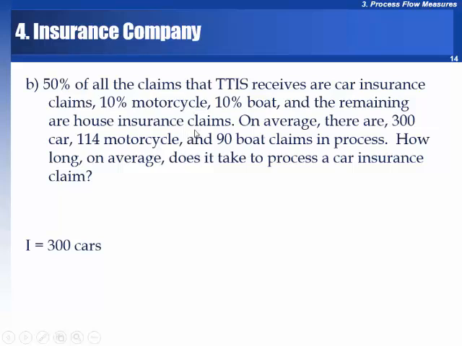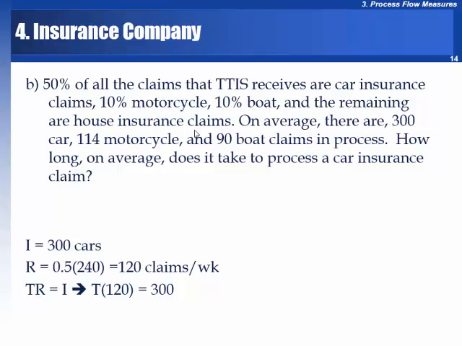Overall throughput was 240. 50% of 240 is 120. Now the rest of the problem is a piece of cake. Out of 3 components of Little's law, we do have 2 components. We put it into the equation and we will get the answer.